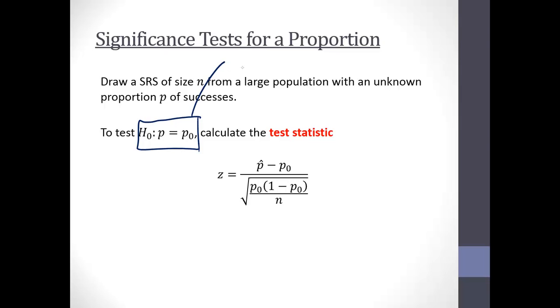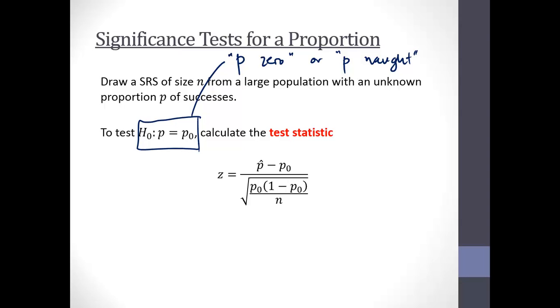Back in chapter 15, 18, we had mu 0 or mu naught. Same idea. We're using that subscript 0 to denote that that's our hypothesized value. So then this is going to be the formula for our test statistic.